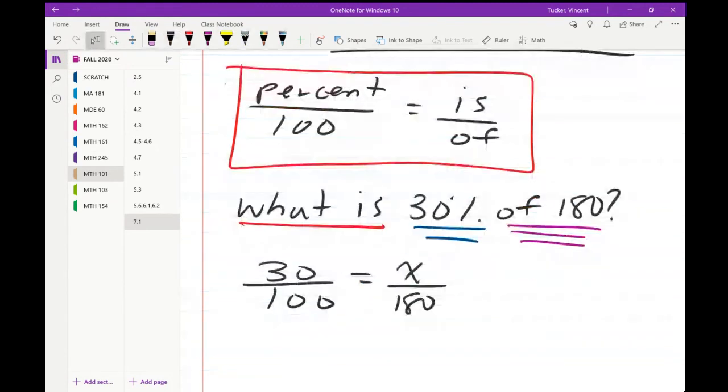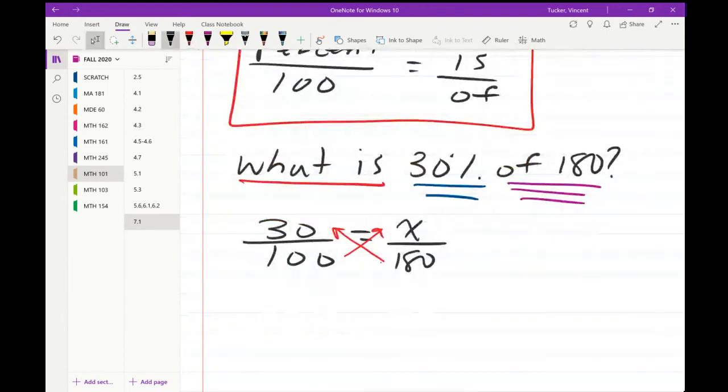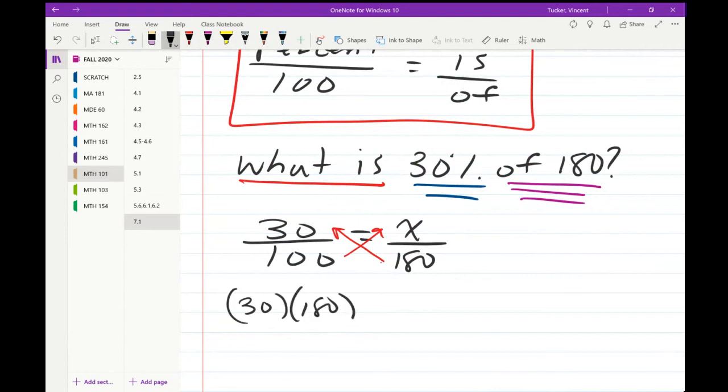And then from there, we can either cross multiply or just solve by multiplying both sides by 180. I'll go ahead and cross multiply, just because that's something that you'll be able to do every single time, and you'll be able to lean on that. So that'll be 30 times 180, 100 times x.